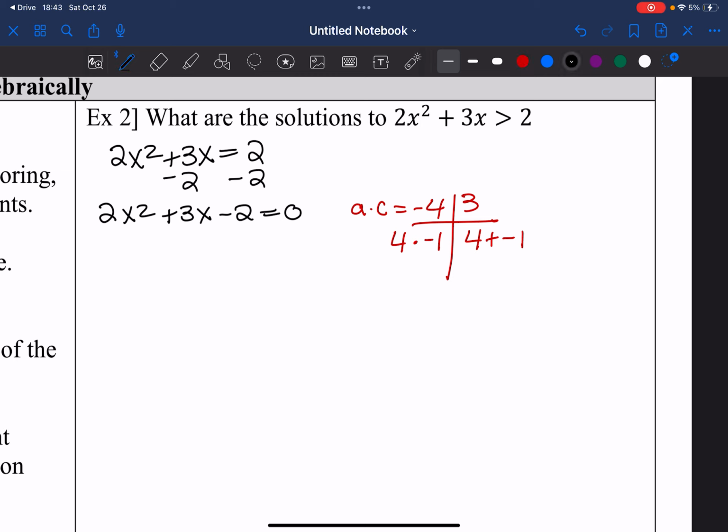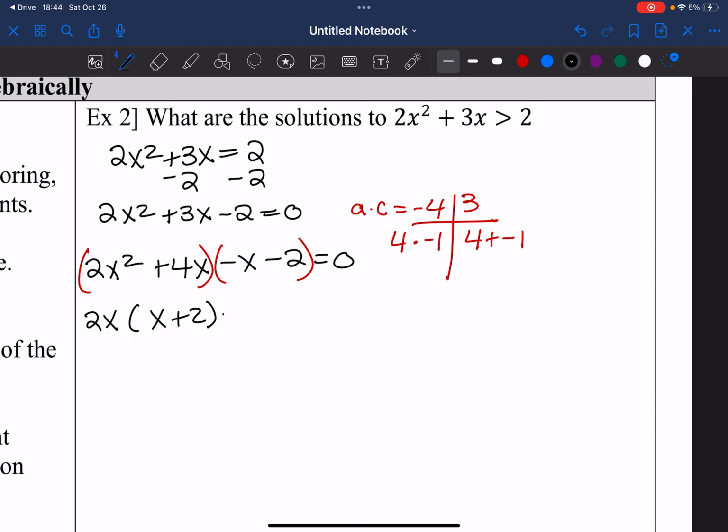Splitting my b value, I get 2x squared plus 4x minus x minus 2 equals 0. And then I'm going to group the first and last two terms and take out the GCF from each. So I can take out a 2x and I'm left with x plus 2. And here I can take out a -1 and I'm left with x plus 2 equals 0.